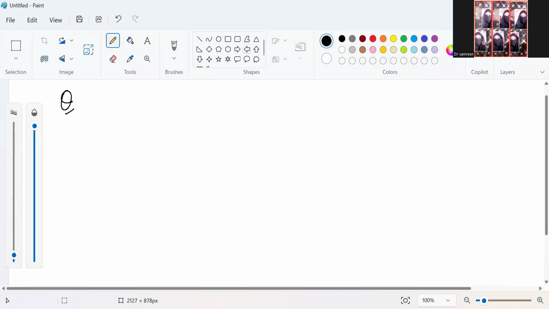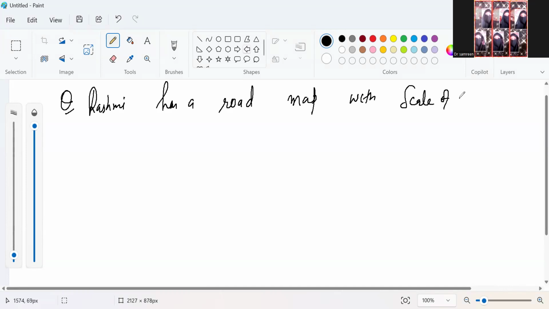Once again, Rashmi has a road map with scale of 1 centimeter representing 18 kilometer. That is, on the map 1 centimeter is equal to 18 kilometer.